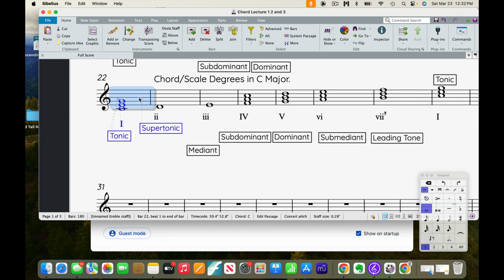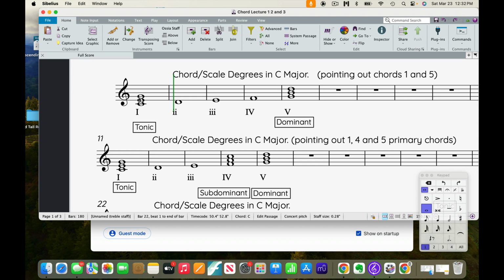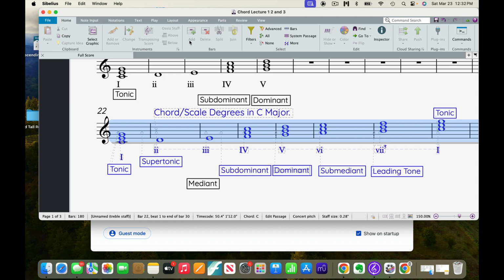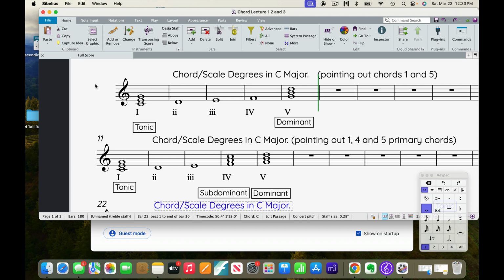So if I were to play these, I want you to start playing from this. And then skip down.